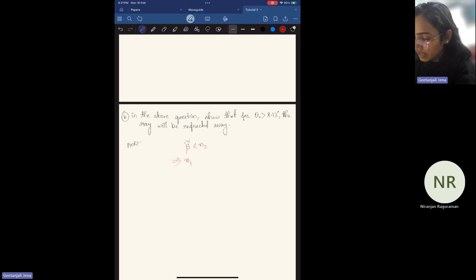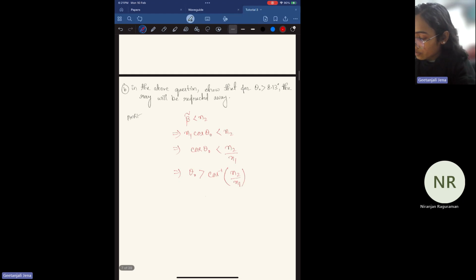So beta tilde, we know, is N1 cos theta 0. This is N2. So cos theta 0 should be N2 by N1, so theta 0 should be greater than cos inverse N2 by N1. N2 and N1 we have already calculated. It is cos inverse of 1.484924 over 1.5, and if you calculate it, it will come around 8.13 degree.